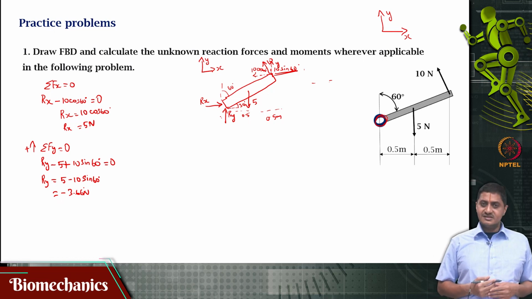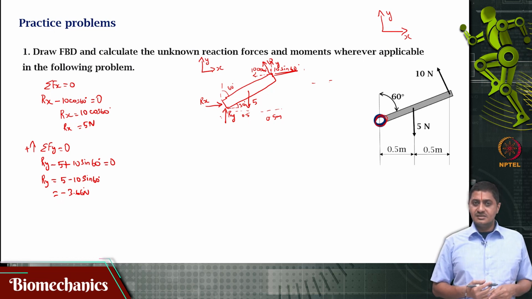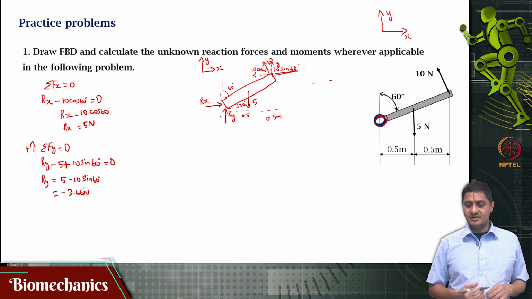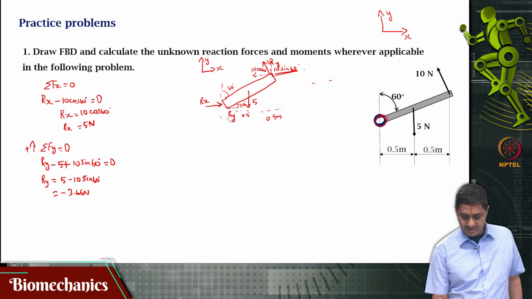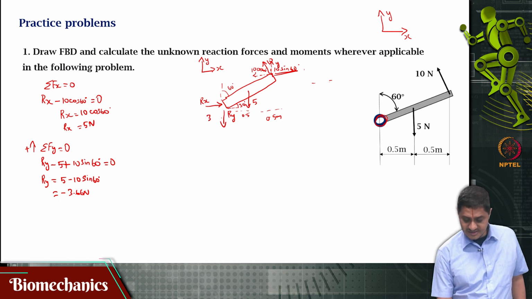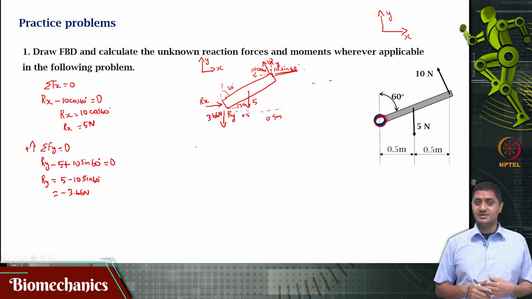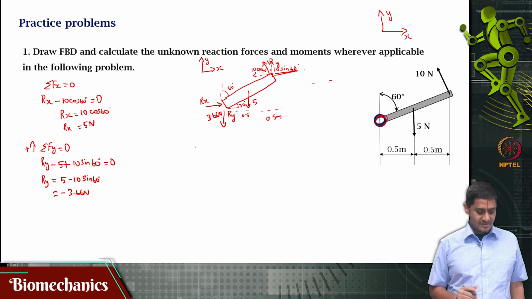If the answer is showing that the value of Ry is negative, that means the assumed direction of Ry is wrong. The magnitude of that force is 3.66 Newton, but it is in the opposite direction. It is 3.66 newtons in the negative y direction, or it is minus 3.66 Newton in the positive y direction.